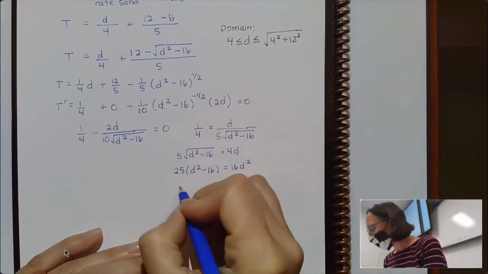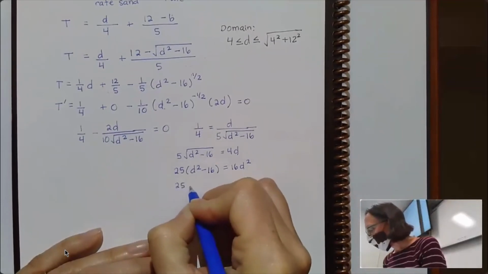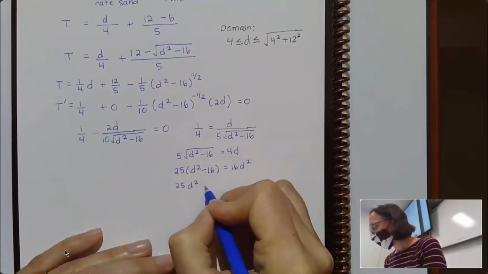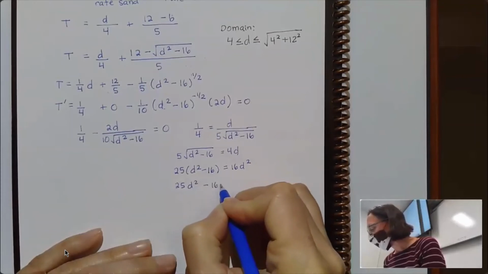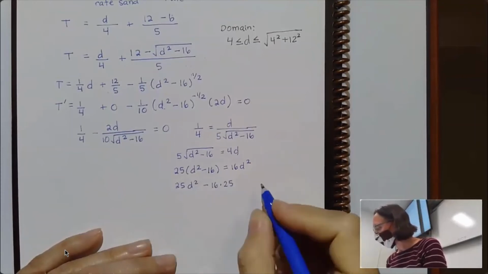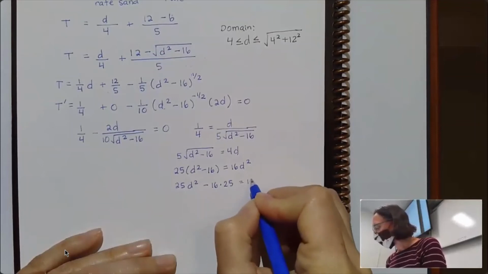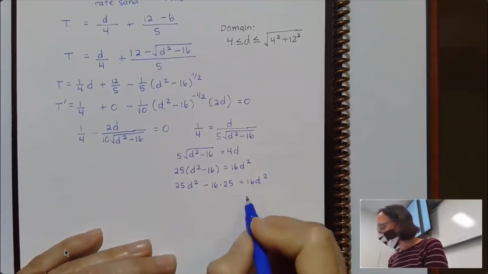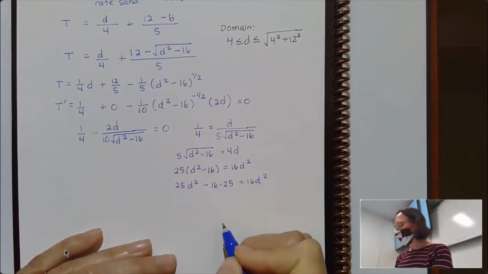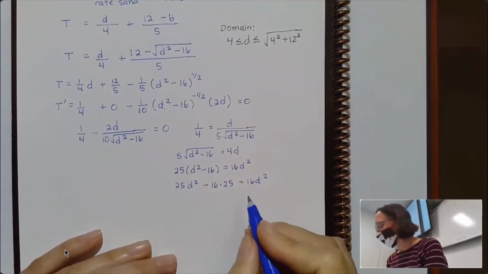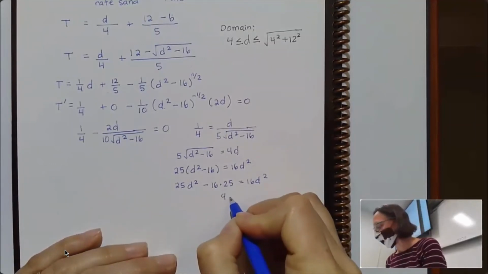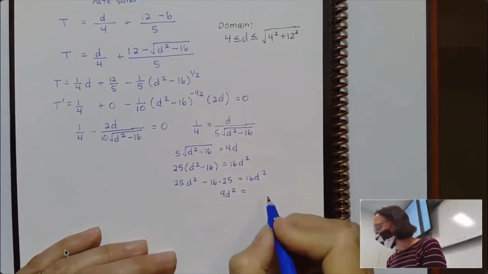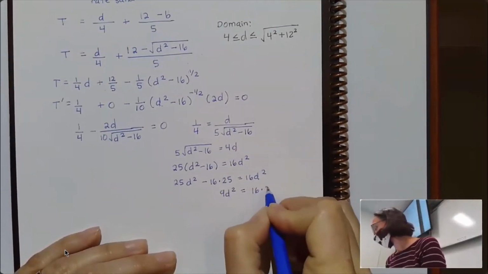Or 25d squared. I don't even know what 16 times 25 is, so I'm just going to leave it written like that. Is equal to 16d squared. So I can get all my d squareds on one side, and 25 minus 16 should be 9, right? 9d squared is equal to 16 times 25.